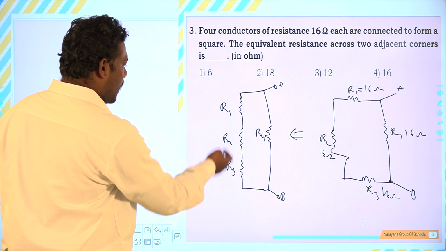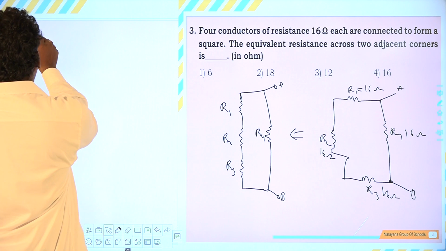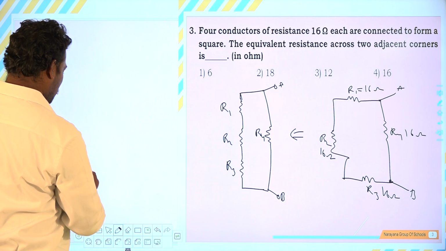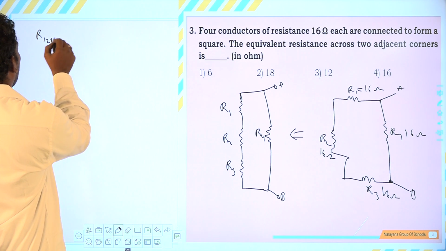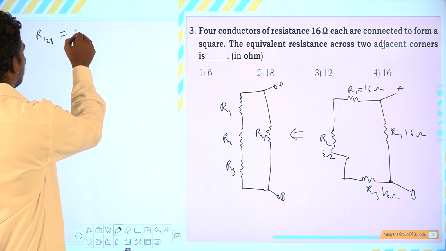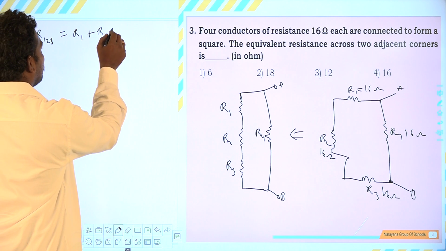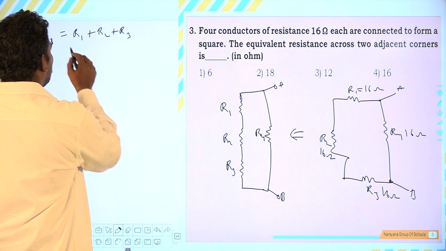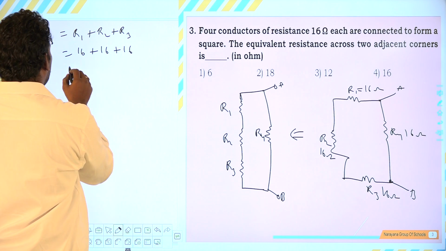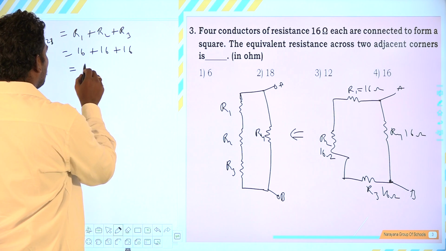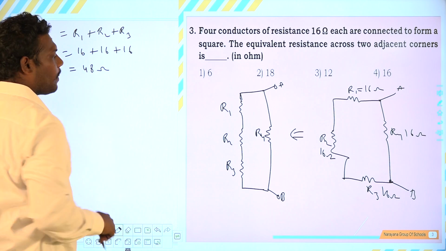Here R1, R2, R3 are in series, so R123 equals R1 plus R2 plus R3. This is 16 plus 16 plus 16, which is 48 ohms.